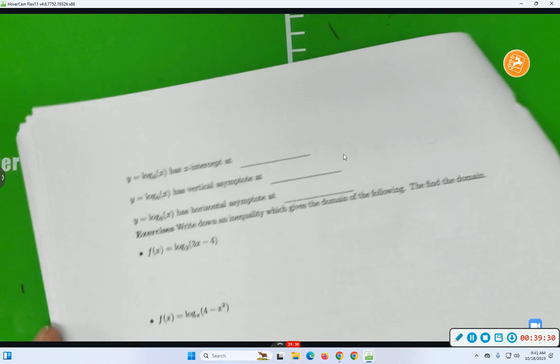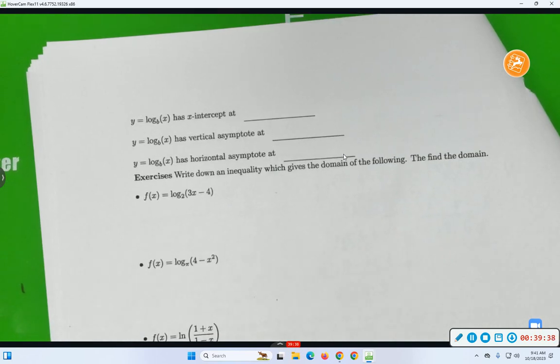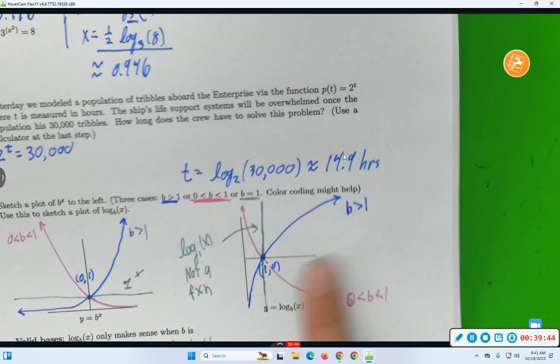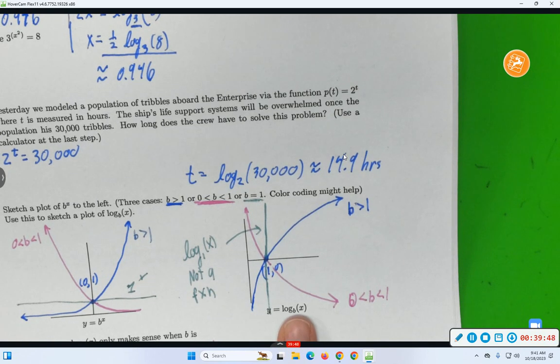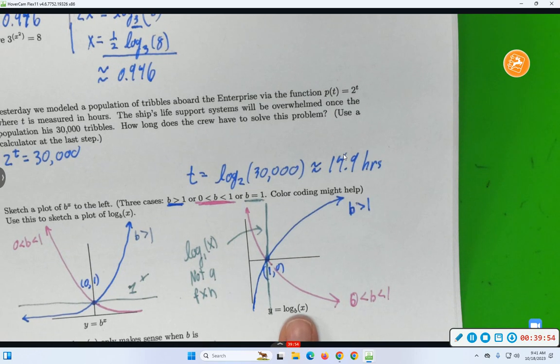Cool. Feel pretty good? So we have some properties of these functions. Let's also, it's unfortunate this is on the next page. You might have to flip back to the previous page. Well, I guess I'll flip back to the previous page. X-intercept, vertical asymptote, horizontal asymptote. Looking at these graphs, tell me about their x-intercept. At x equals 1, at (1, 0) if you want to be super pedantic. Tell me about their vertical asymptotes.